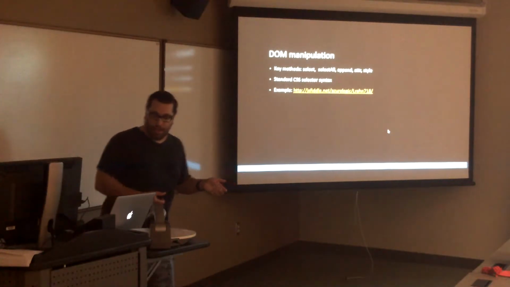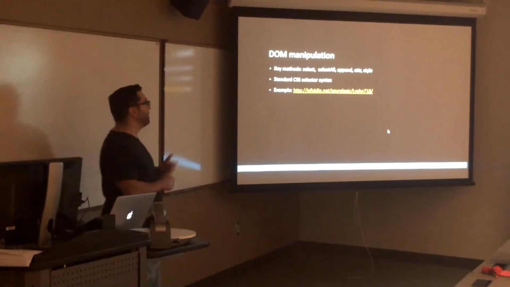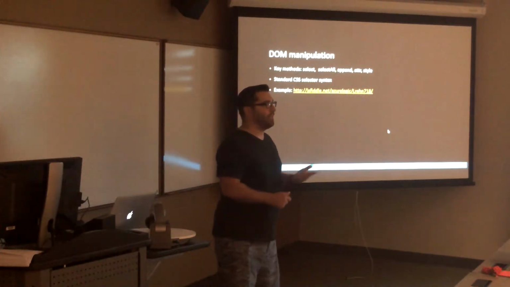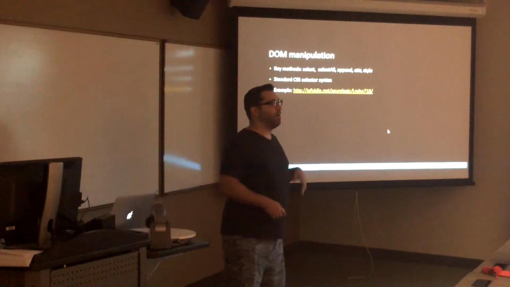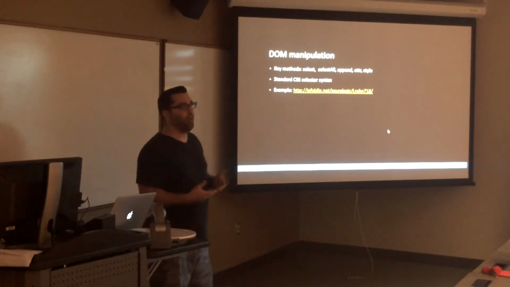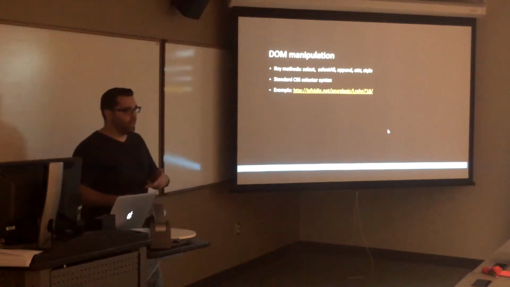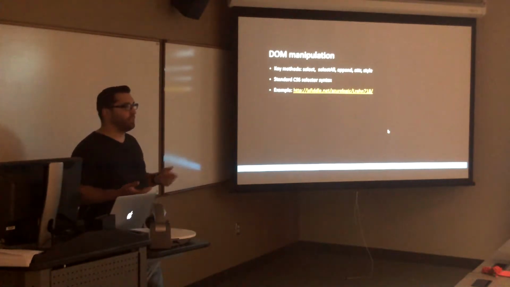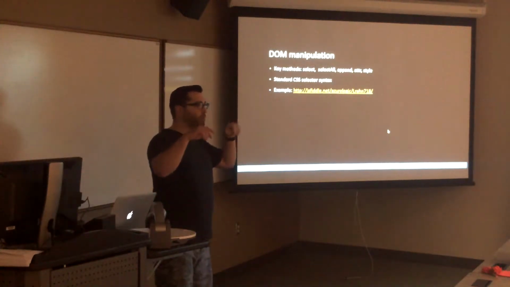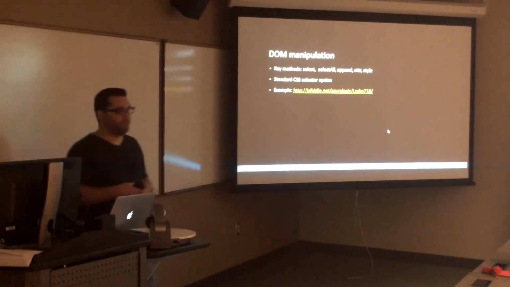So the syntax is standard CSS selector syntax. If you're trying to select an ID, you use a pound and then the ID. If you're doing selectAll on a class, dot class name. It's fairly standard stuff. If you want to do a tag, let's say a P tag, just put quote P quote. That's your selector.